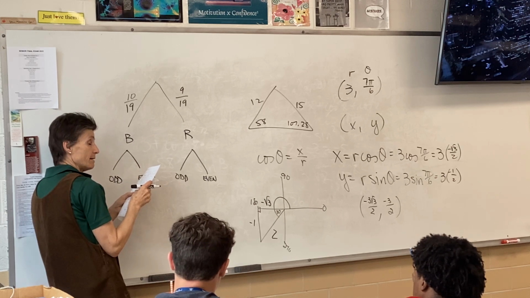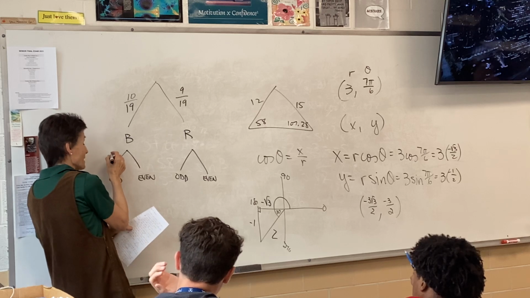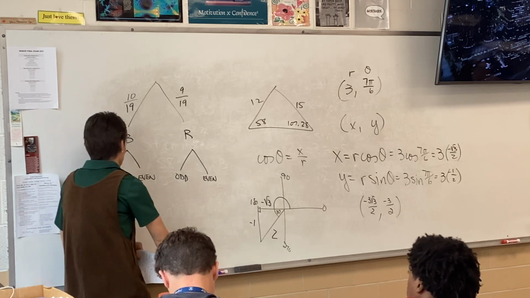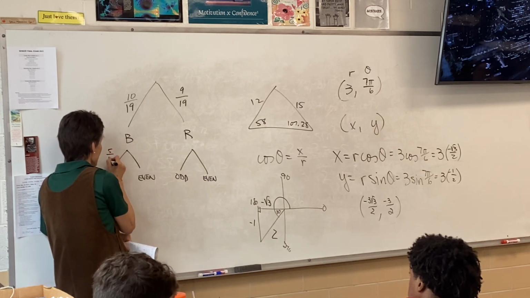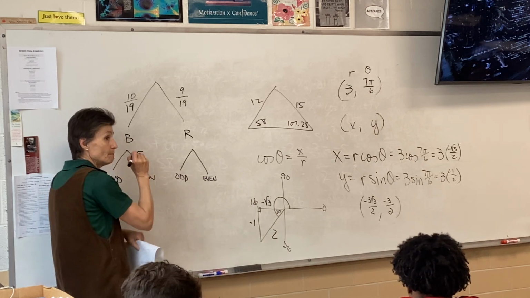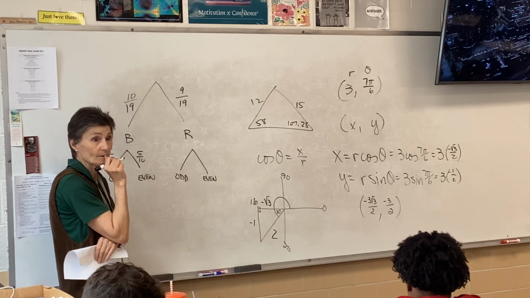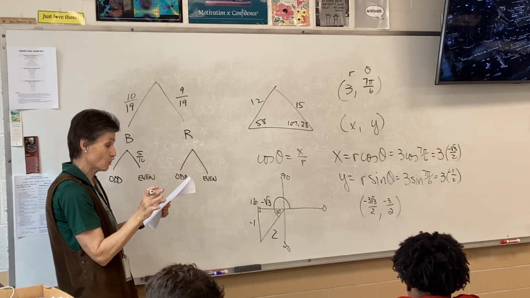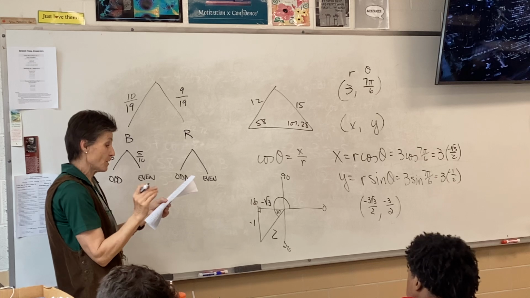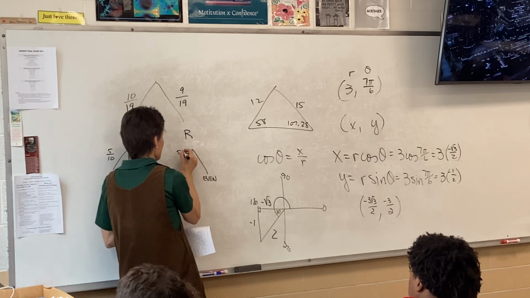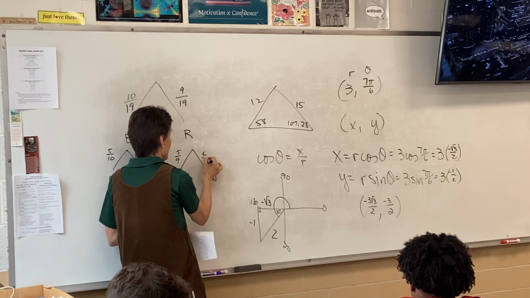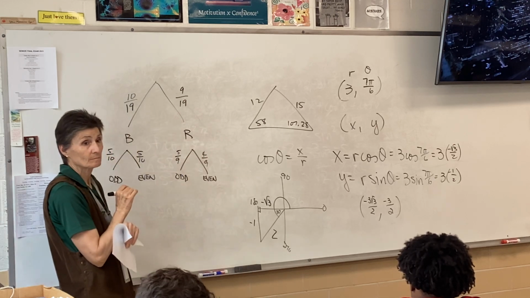They're 1 to 10. I'll use 10. That would be 5/10 and 5/10 for even and odd for the blues. And then the reds, there's only 9 of them. So the odds, there are 5 odds, so 5 ninths and 4 ninths are even.